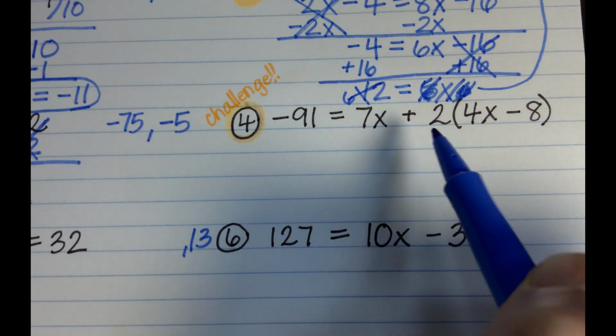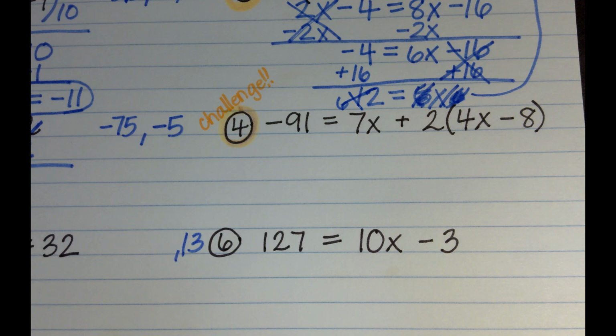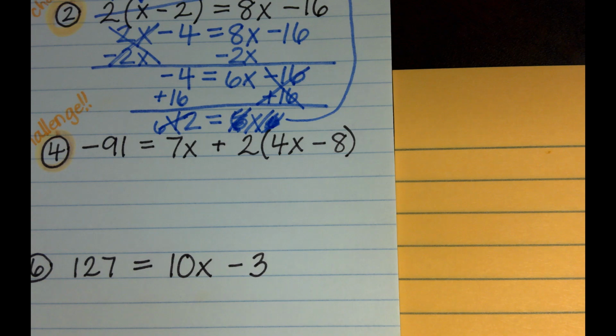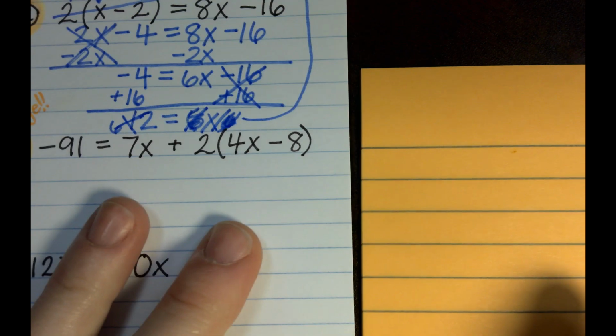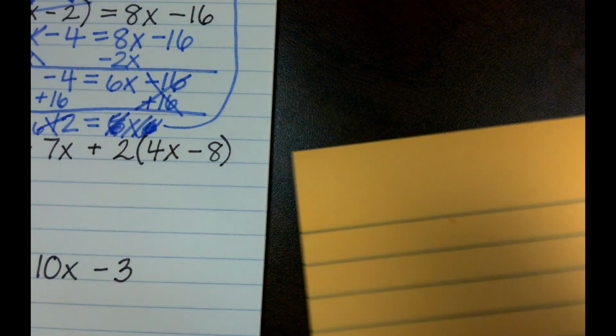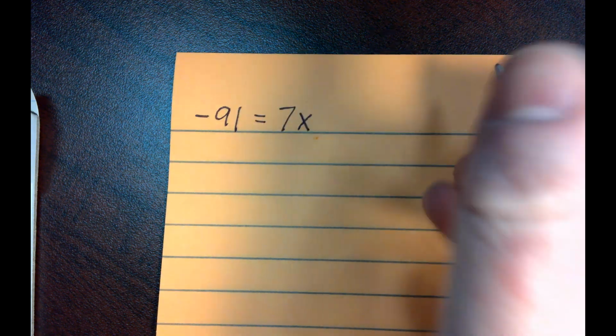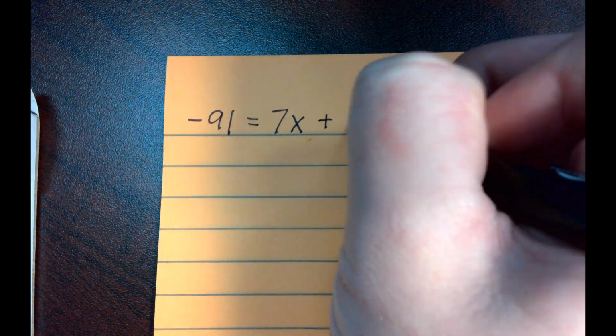So I'm going to rewrite this and give myself more room because I know I'm not going to have enough room on here. Number 4. Give me just a moment. We're going to write -91 equals 7.